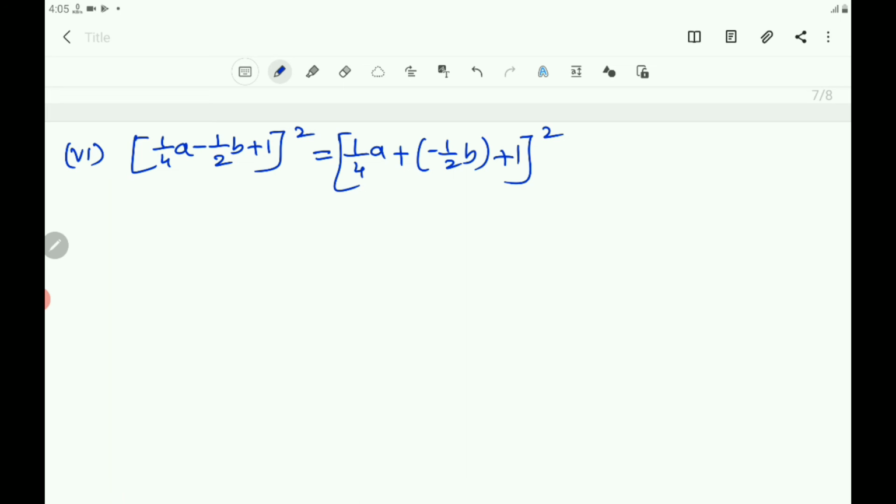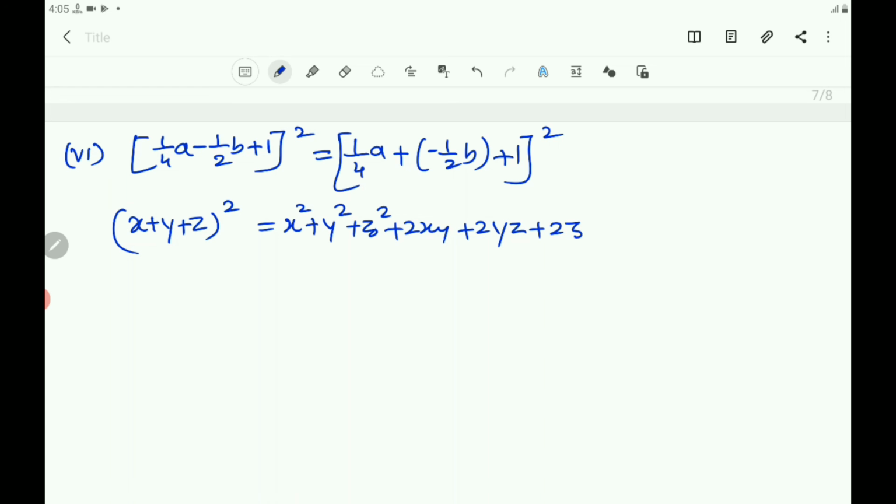Then you write the expansion of (x + y + z) whole square equals square of the first term, x square + y square + z square + 2xy + 2yz + 2zx.